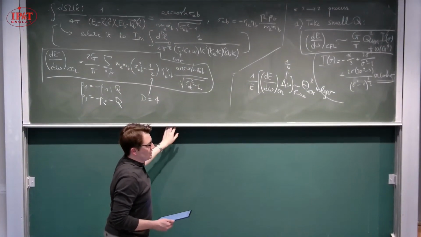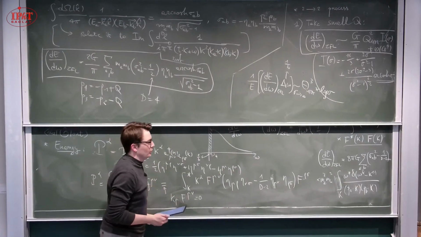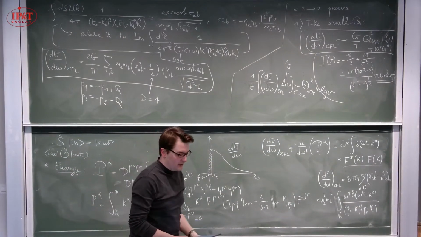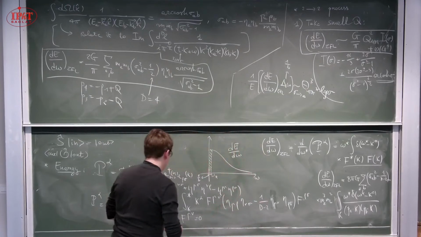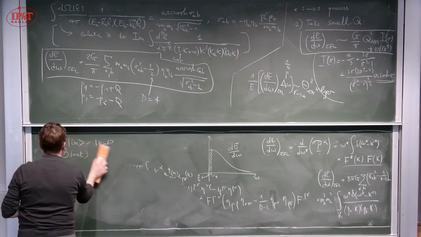Now we are in a position to solve this puzzle, because we have an expression that does not rely on the small q approximation. So the right thing to do is to first take the limit for high energies, and then take the small deflection limit.